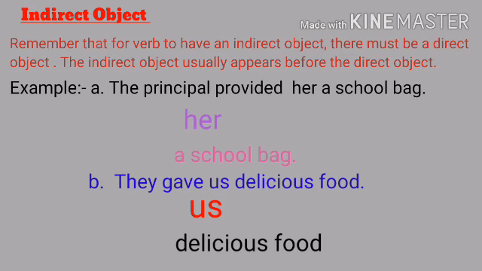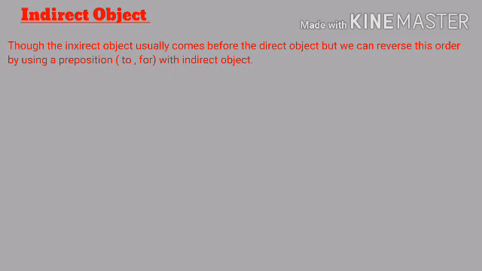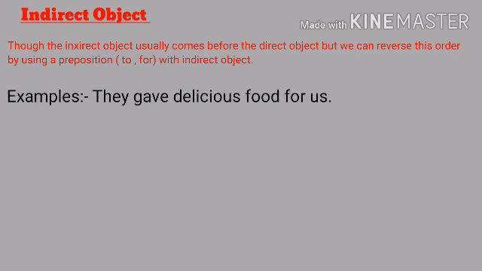But children, you must also remember that though the indirect object usually comes before the direct object, we can reverse this order by using a preposition to or for with the indirect object.